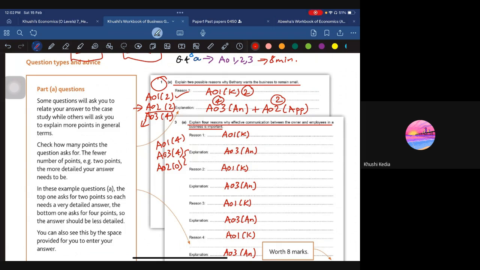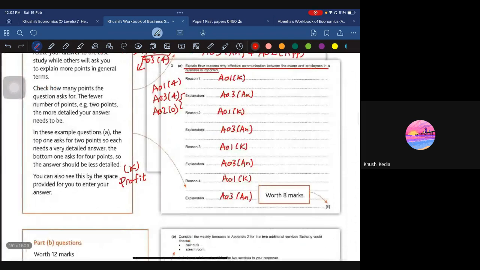One of the objectives of the business is to make money. That is the profit. That profit, if you write it, is your knowledge, isn't it? Because you have identified one of the objectives of the business.